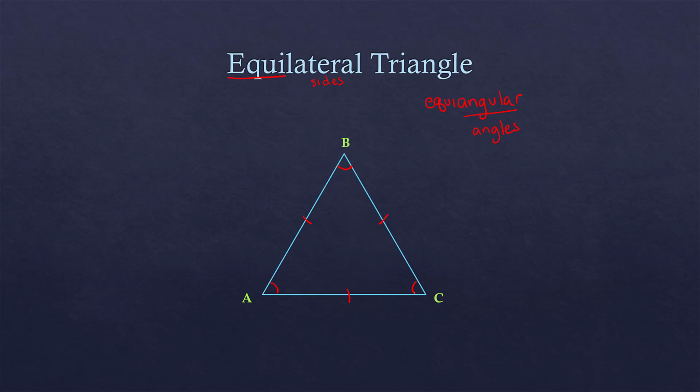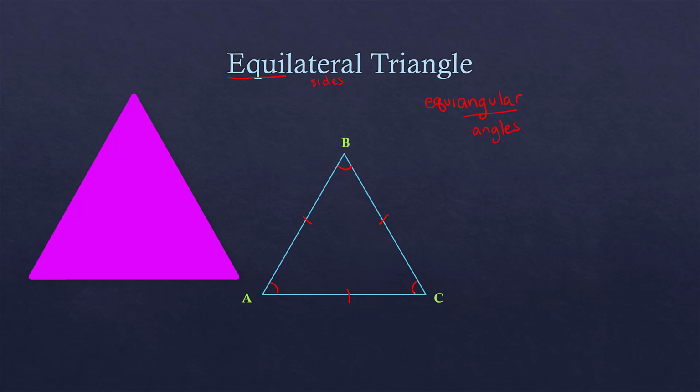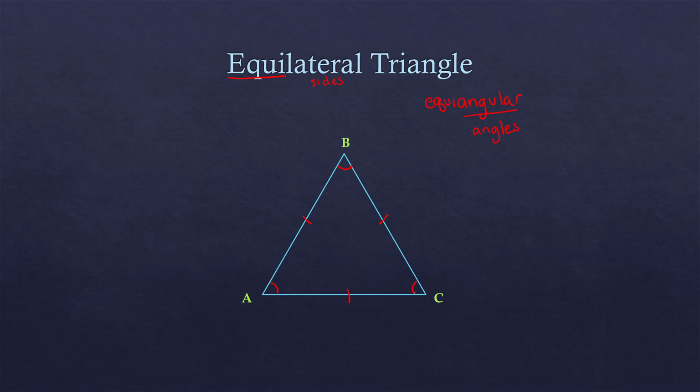An equilateral triangle could be a small little triangle or a really big triangle, but it will always have an angle measure of 60 degrees. That is because if we take this equilateral triangle and say angle A is x, because all three of these angles are the same, all three are x.